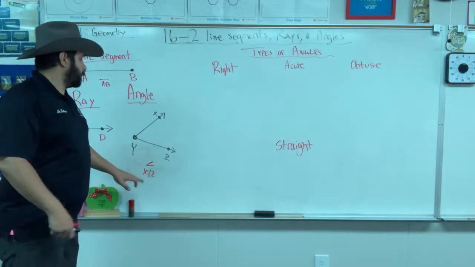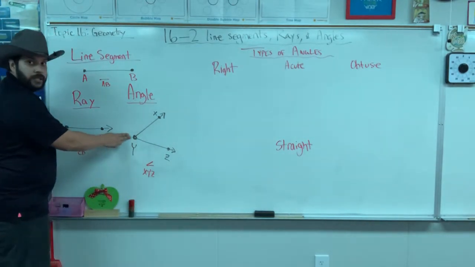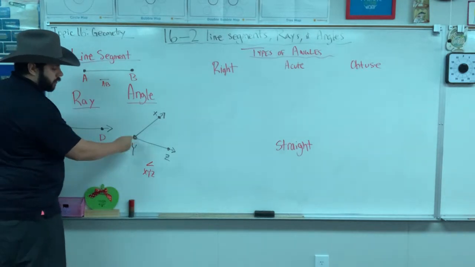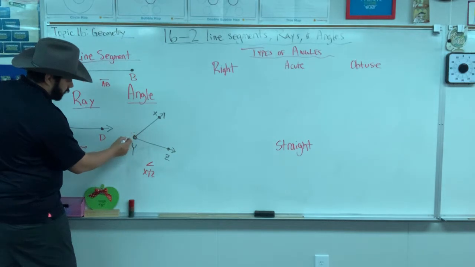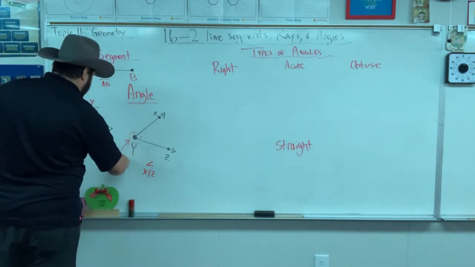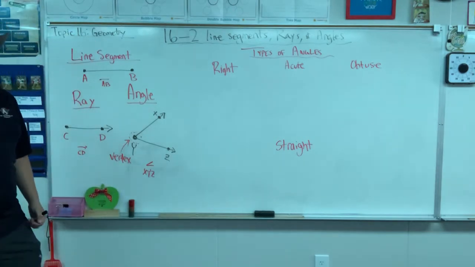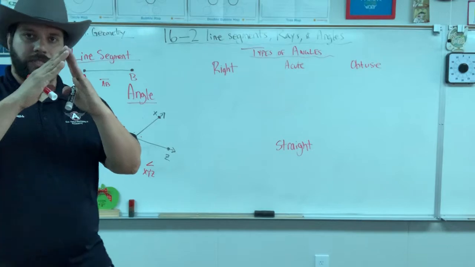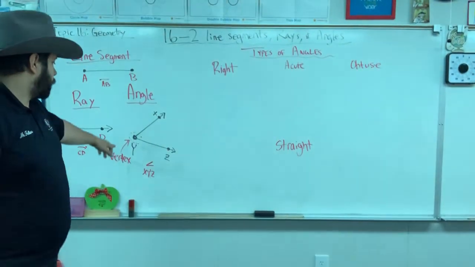Okay? Another important term to know is this point right here where our two rays converge to make that angle, okay? This is called a vertex. That's a cool sounding word that basically just refers to the single point where two rays come together, all right?